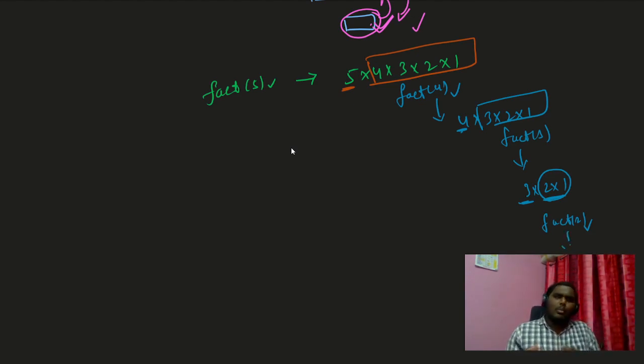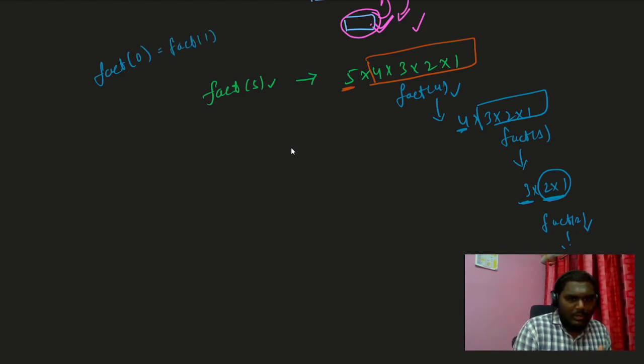What is the smallest subproblem that you can solve for a factorial? What is the smallest subproblem that you know the answer for? We all know that fact of 0 or fact of 1 is equal to 1.